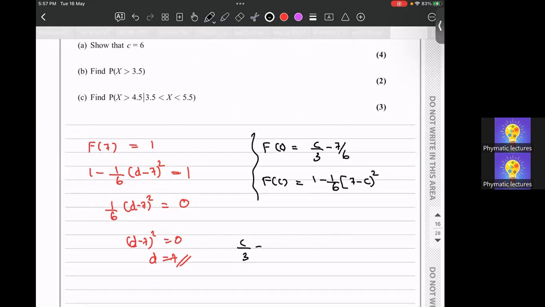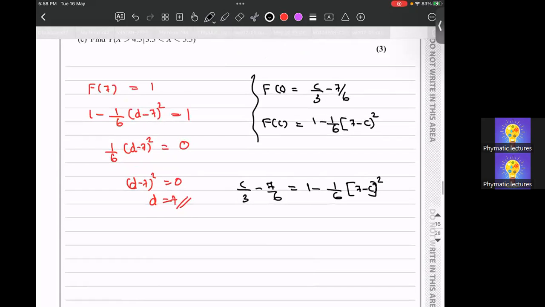So c by 3 minus 7 by 6 is equal to 1 minus 1 by 6 into (7 minus c) whole square. Please try to make c the subject. So this becomes (6c minus 21) by 18 is equal to (6 minus (7 minus c) whole square) divided by 6.